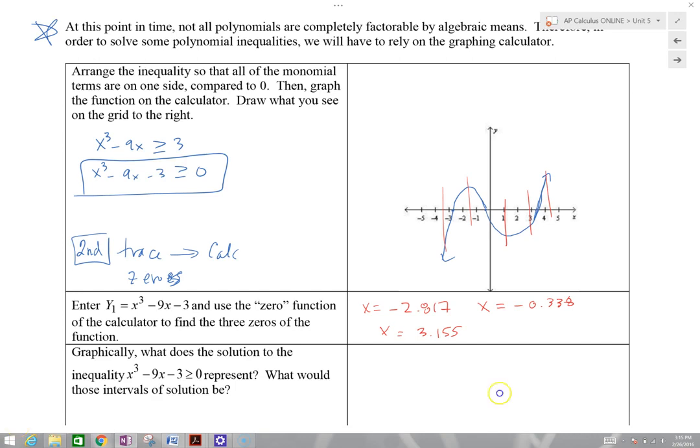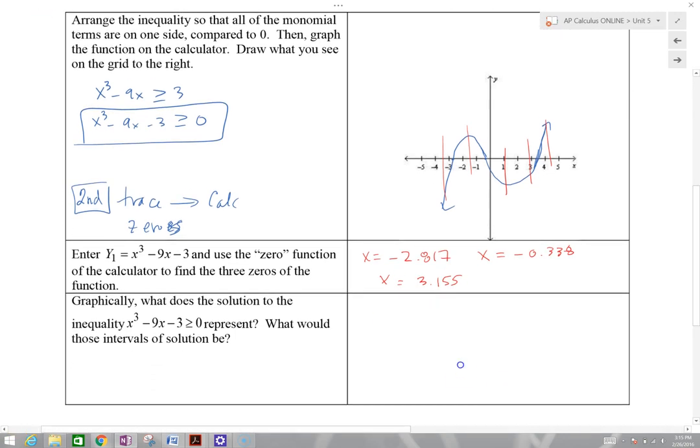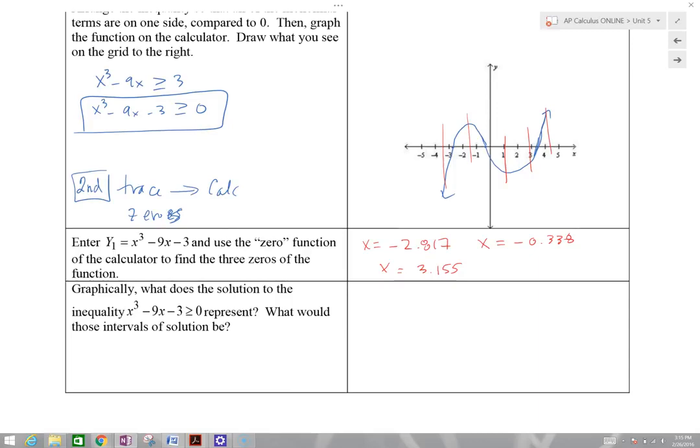So, graphically, what does the solution to this inequality represent? We want the function to be greater than or equal to 0, and what would that solution be? When x cubed minus 9x minus 3 is greater than or equal to 0, the graph is above or at the x-axis, and that occurs between negative infinity and negative 2.817, equal to.